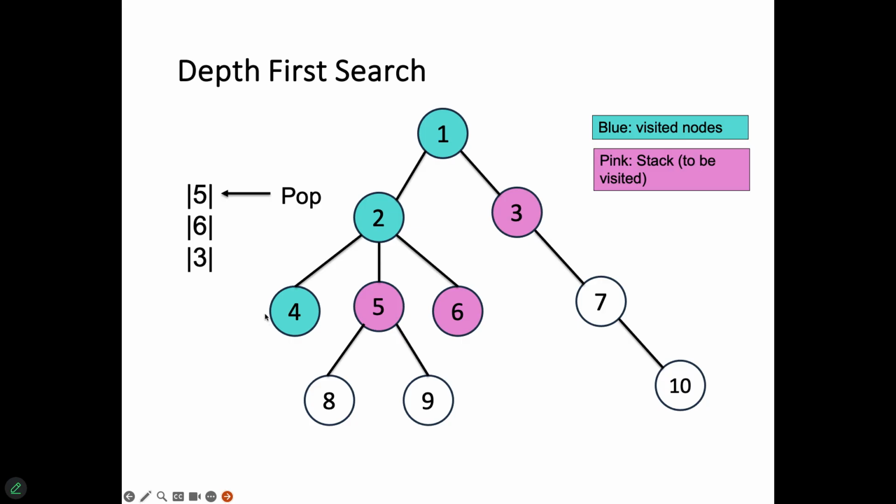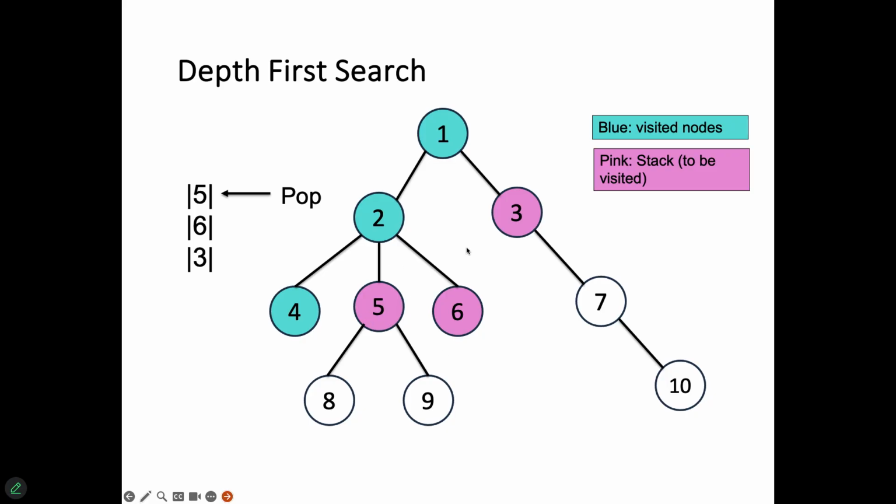So at this point, because 4 is visited, we already popped 4 out of the stack. So if I go one slide before, you see that 4 was here in the stack, right? So I want you to keep track of the stack too and the colors as well. So now that we visited 4, it means that we popped it out of the stack, because the stack is only the place to keep the nodes that we want to visit later, not the ones that we already visited.